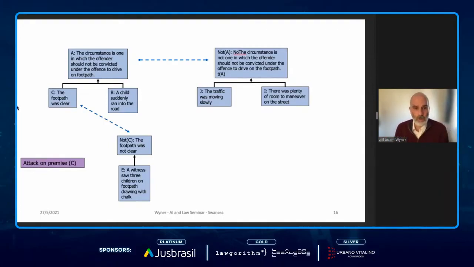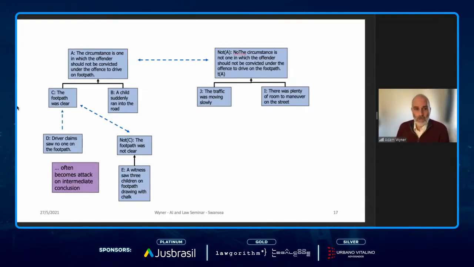We build this somewhat further. The driver claims, that should be a solid arrow, the new one. So D, the driver claims that he saw no one on the footpath. And if the driver claims he saw no one on the footpath, that implies the footpath was clear. The idea here is that the driver can only go on the basis of their own perception.